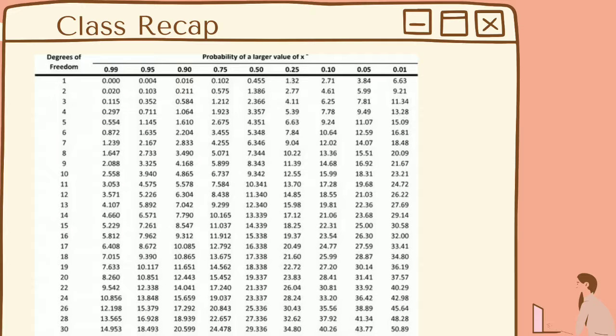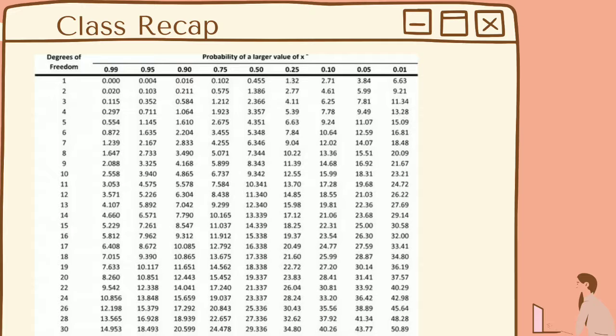In the next slide, we have our chi-square distribution table, and in the first column we have degrees of freedom. In the first row we have the area right of the critical value. For example, to the right of the critical value for a right-tailed test is alpha.